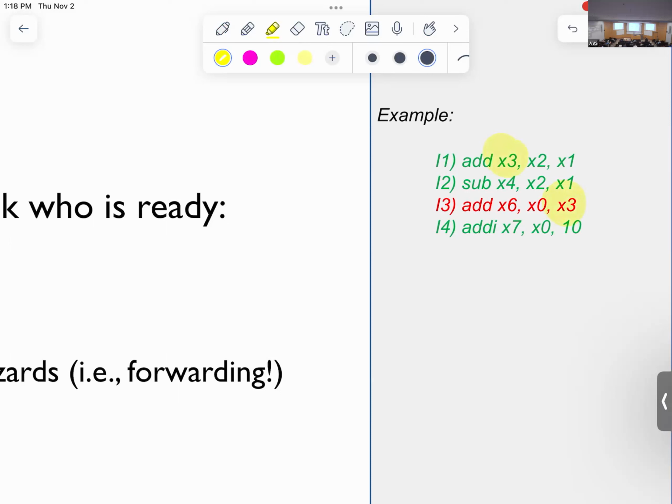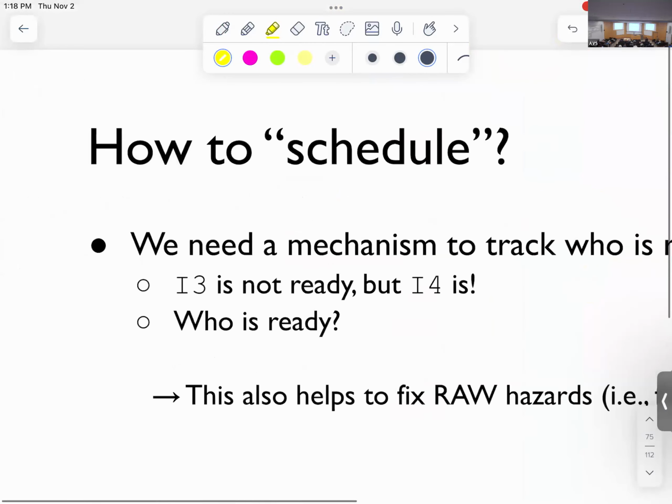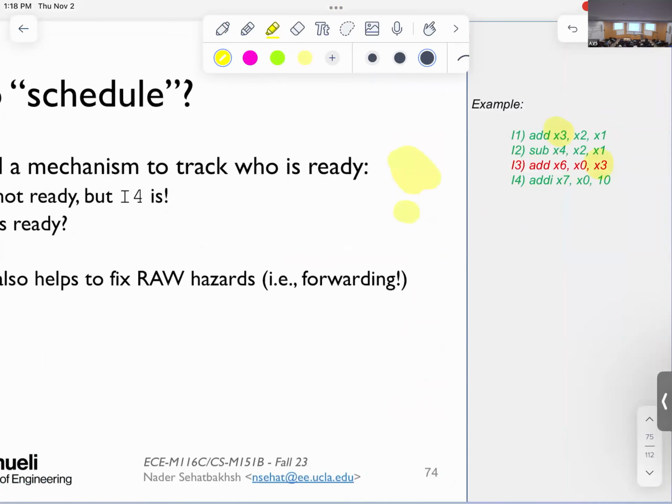So this I3 cannot go before I1 because of the RAW data hazard. But what we can do is push I4 before I3, because I4 is completely independent from I3. There is nothing preventing us from running I4 before I3.